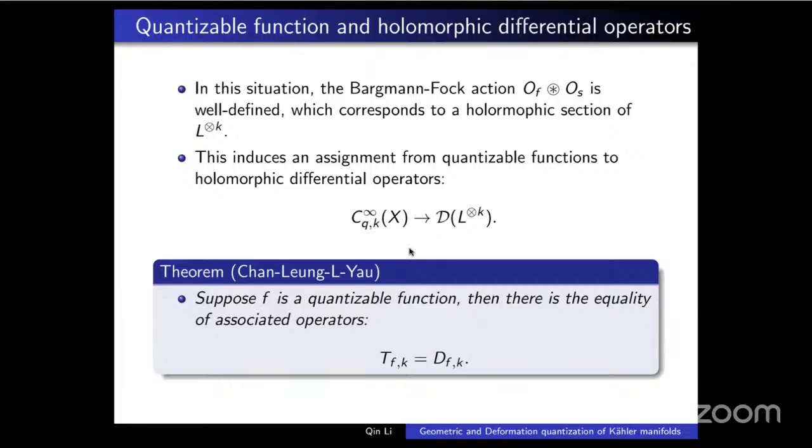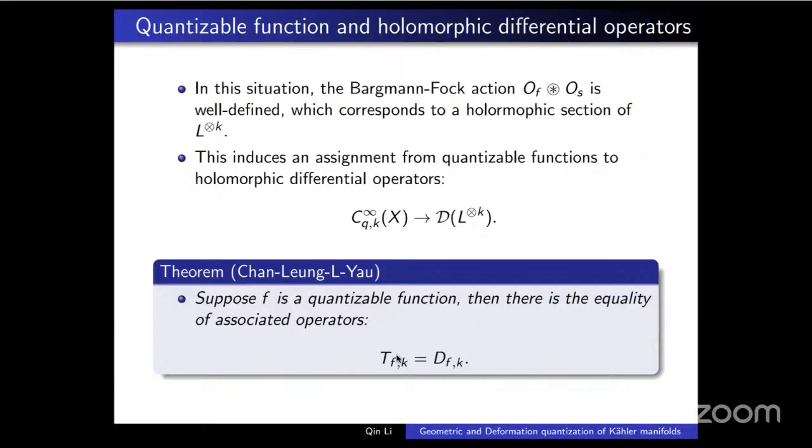Now, a little bit surprising result we obtained is the following. If you have a quantizable function, we have two ways to quantize it. One is the Berezin-Toeplitz operator, which we call T_{f,k}. It's defined, as I mentioned before, by first multiplying a holomorphic section by a smooth function, and then doing the orthogonal projection.